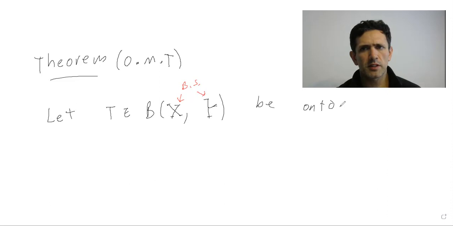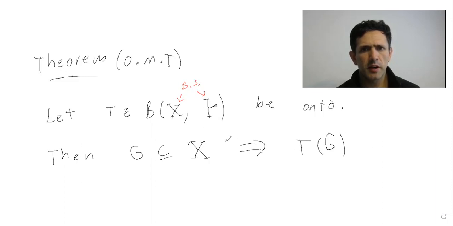And let's say this is onto. So the claim is that G open implies that T of G is open in Y.